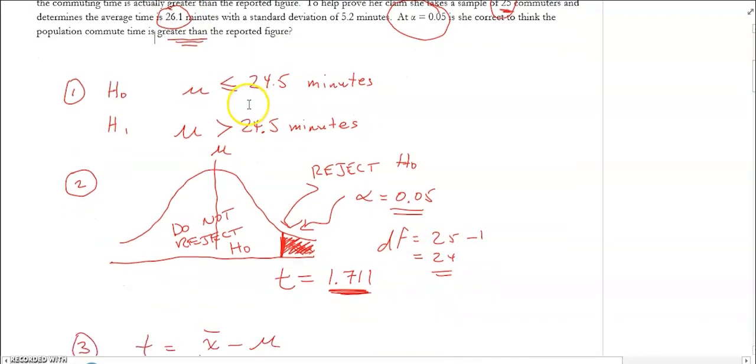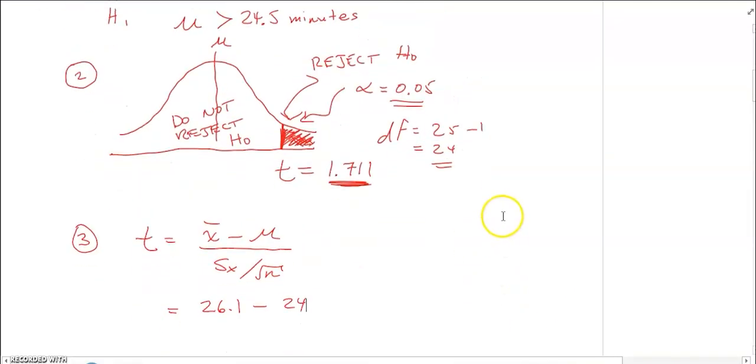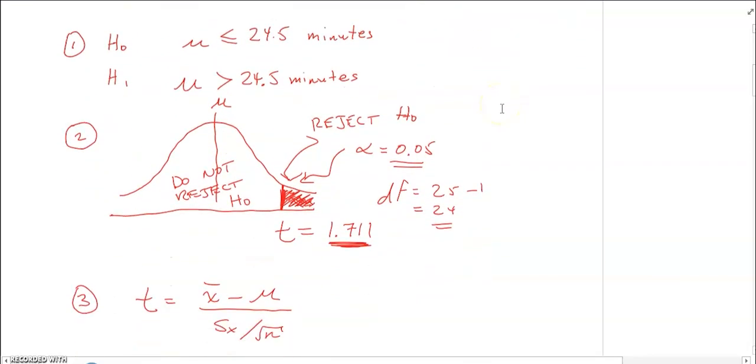So 26.1 is the sample, and our claim was 24.5 minutes. The claim was that the mean commute time was 24.5 minutes. And then the standard deviation from our sample was 5.2 minutes.